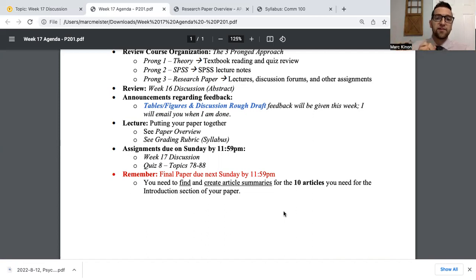Okay, and again, I have this note, which is very important. You need to find and create article summaries for the 10 articles you need for the introduction section of your paper. Okay, part 2 of your introduction section, you have 10 article summaries. Okay, those 10 articles never leave the introduction section. They stay there. Methods, results, discussion, all have to do with the study personality and gay marriage attitudes.